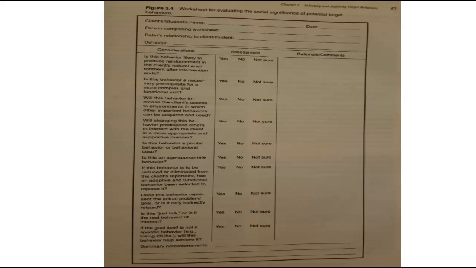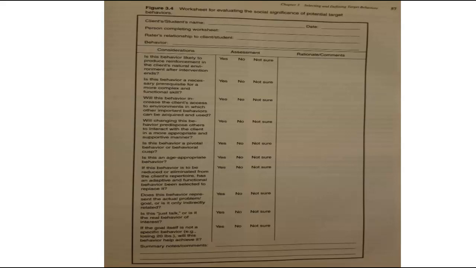Pivotal behavior is a little different. If you're teaching the behavior, this behavior will generalize to other behaviors. So for example, if you're teaching a child to initiate conversation with his peer, he may go in the classroom and be the first person to raise his hand to answer a question.